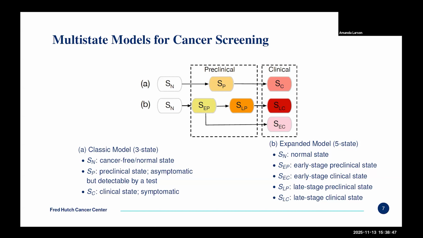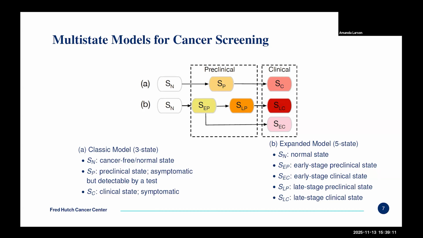But in order to look at the late-stage reduction, we need to differentiate the early stage and the late stage in this model. So we use this expanded model, which includes 5 states. For preclinical, there is an early preclinical state and a late preclinical state.